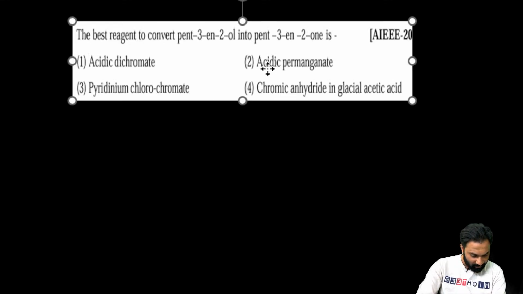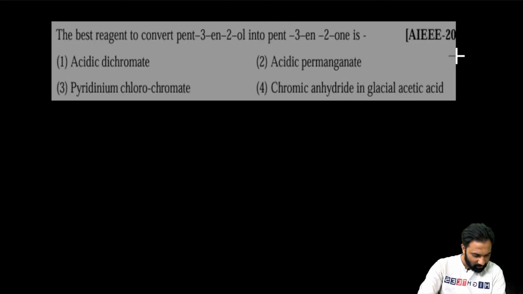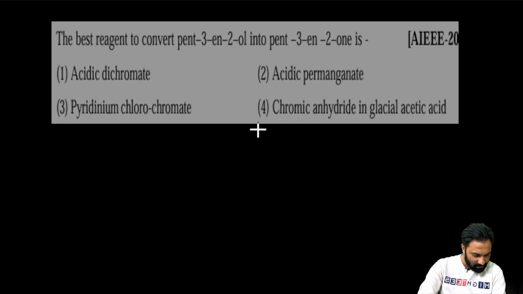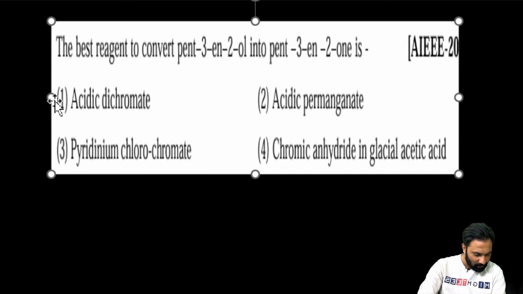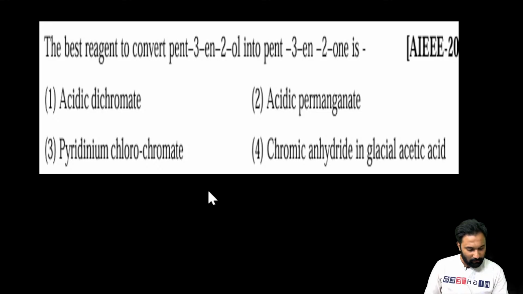Now this is one old AIEEE question. The best reagent to convert pent-3-en-2-ol into pent-3-en-2-one.